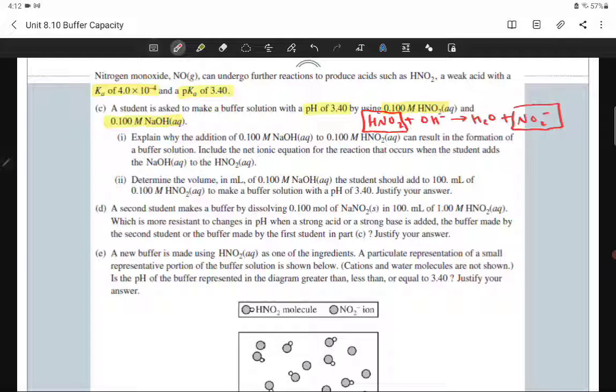Well, what we need to happen, and I'm just going to write over here, ICF, we need at the end of the day, in the F, the same amounts. We need all the hydroxide to run out.